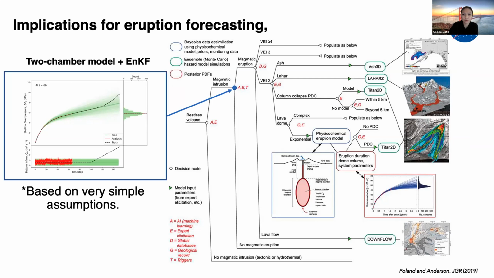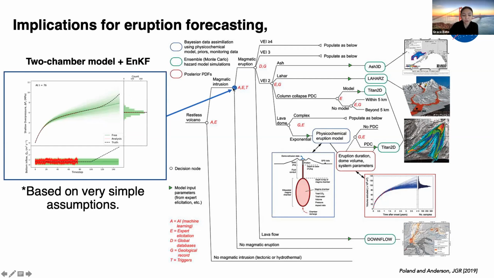Mike will detail this Bayesian decision tree on Thursday, but basically in this Bayesian decision tree, each node, the circle ones, corresponds to a decision node. And for me, the two-chamber model that I've shown you in combination with ENKF will fit into this part of the Bayesian tree.